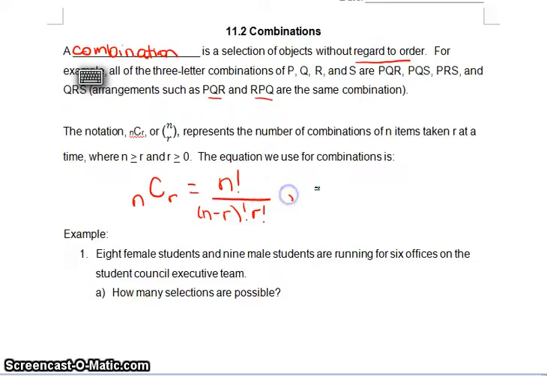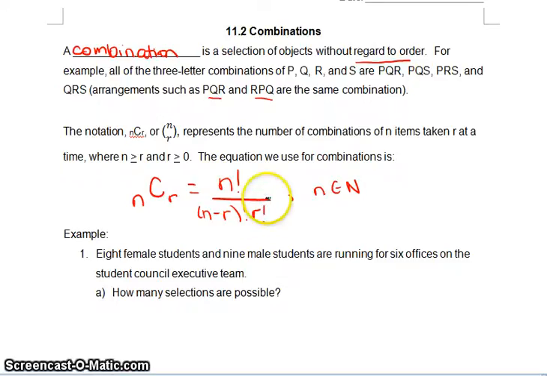We have the same restriction that N must be an element of the whole numbers, so it can't be decimals or negatives. We want R and N to be greater than or equal to 0. So it's very similar to permutations, but we've only added this R factorial into the equation. Please do not confuse combinations and permutations. They're very similar, but they are not the same thing.